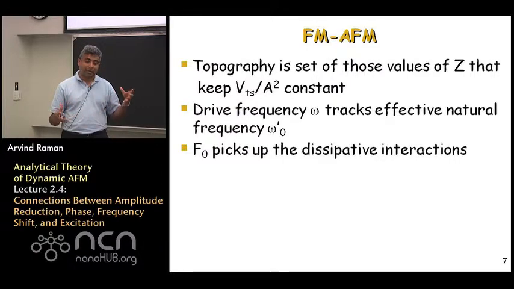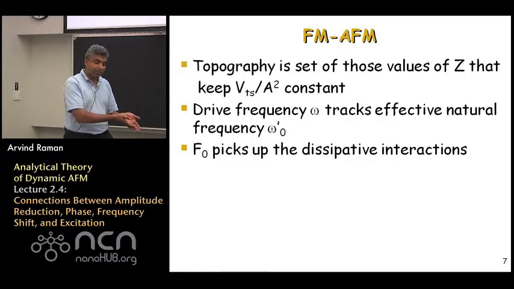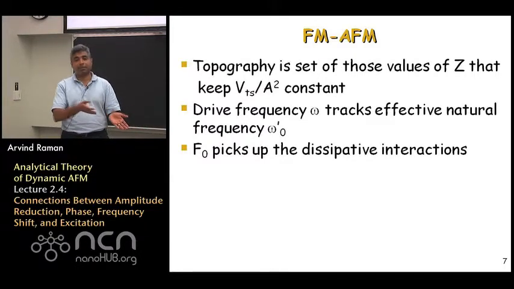So the analytical theory of AFM using the virial and dissipation, which are linked to the observables in dynamic AFM, allows us to interpret the physics of image formation both in tapping mode AFM and in frequency modulated AFM, and also tells us the physics of the contrast channels in both cases.